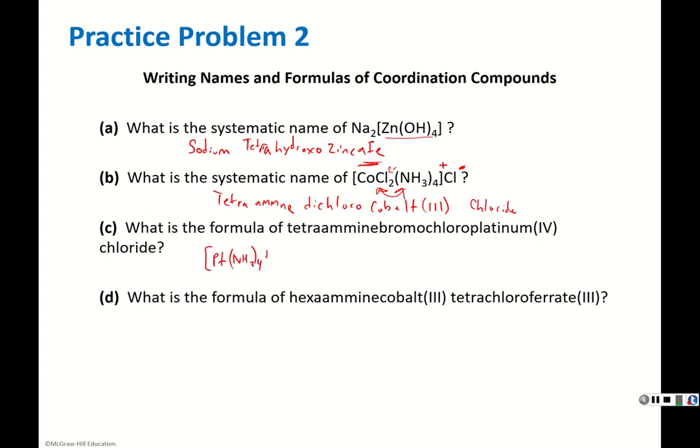Bromochloro, so bromo is 1 bromine, chloro is 1 chloride. And then we're balancing it with chloride. That's our counter ion. Right, we know platinum is in the +4 oxidation state, and we have -2 from the bromo and the chloro. So overall, that complex ion has a +2 charge, so we need 2 chlorides to balance it.